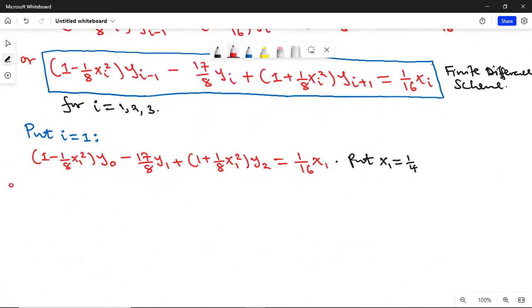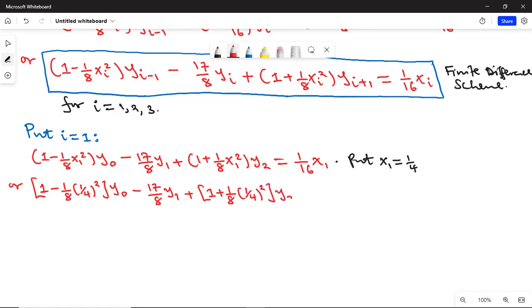That should give us 1 minus 1 over 8 times (1 over 4) squared, and remember we also know y naught, times y naught, minus 17 over 8 y1 plus 1 plus 1 over 8 times (1 over 4) squared, y2 equals 1 over 16 times 1 over 4.